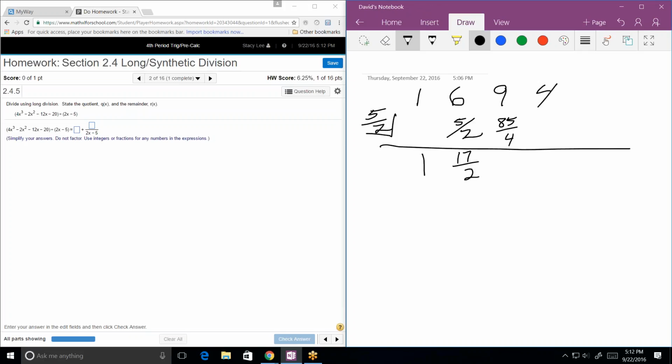You have your calculator in front of you? Well, let's see. What's 9 plus 85/4 in terms of fourths? It's 36 plus 85, which is 121/4.